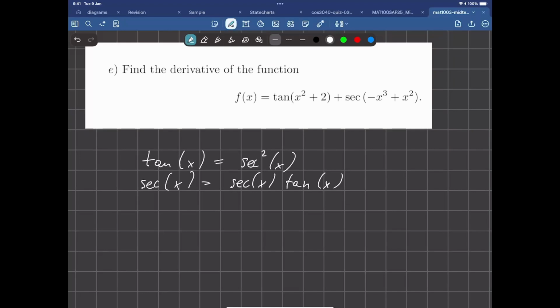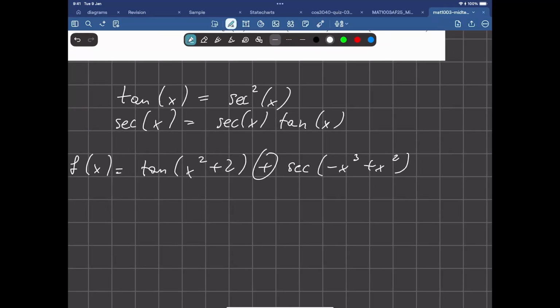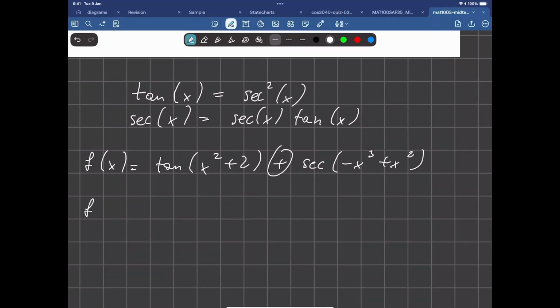And from here, we are given the function f of x equals tangent of x squared plus 2 plus secant of minus x cubed plus x squared. Now, whenever you have a plus, you know that the derivative could be split into two, right?